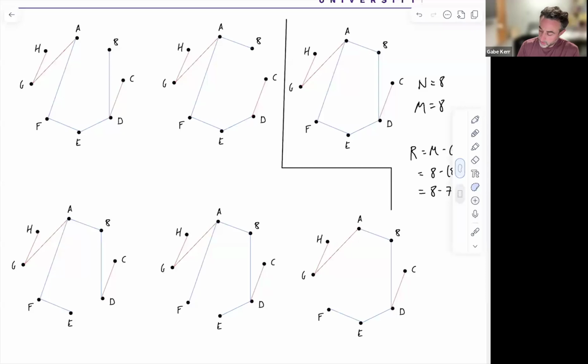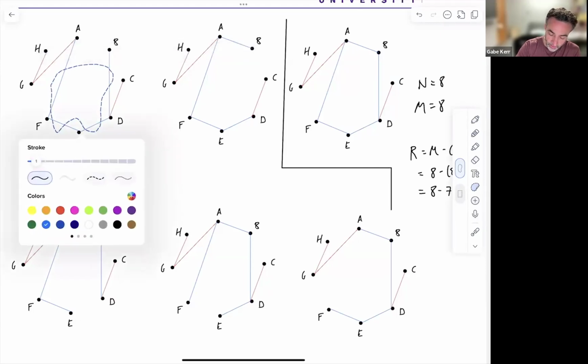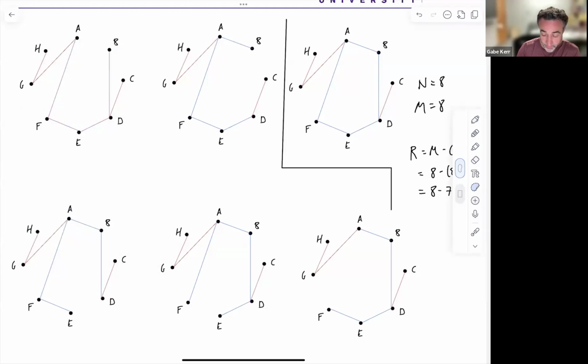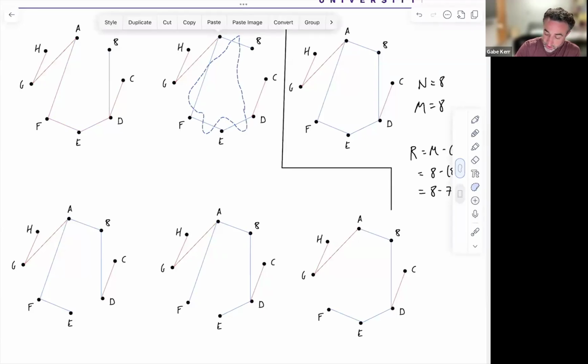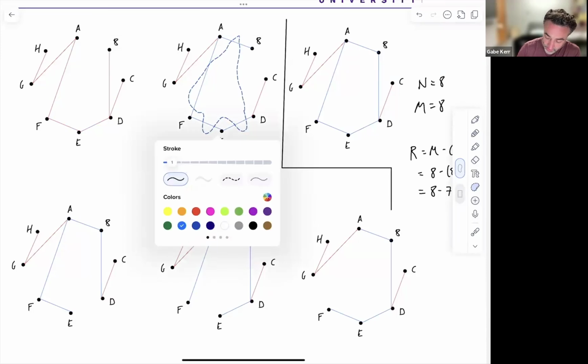Let's take a look. In this case, yes, it's a tree. In each of these cases, you can check quite easily that you have a tree.